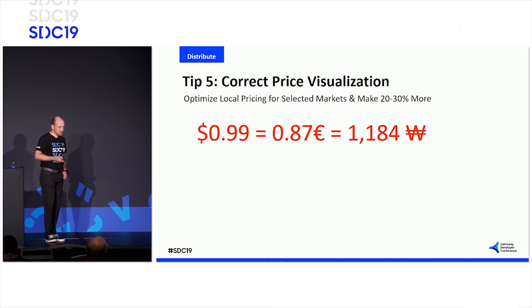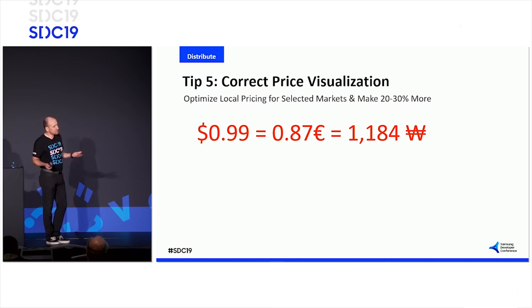Correct price visualization. We've noticed that many sellers use the automated currency conversion in the tool. It's a very common approach: set the US price at 99 cents or 1.99 and use the currency conversion to convert it automatically.